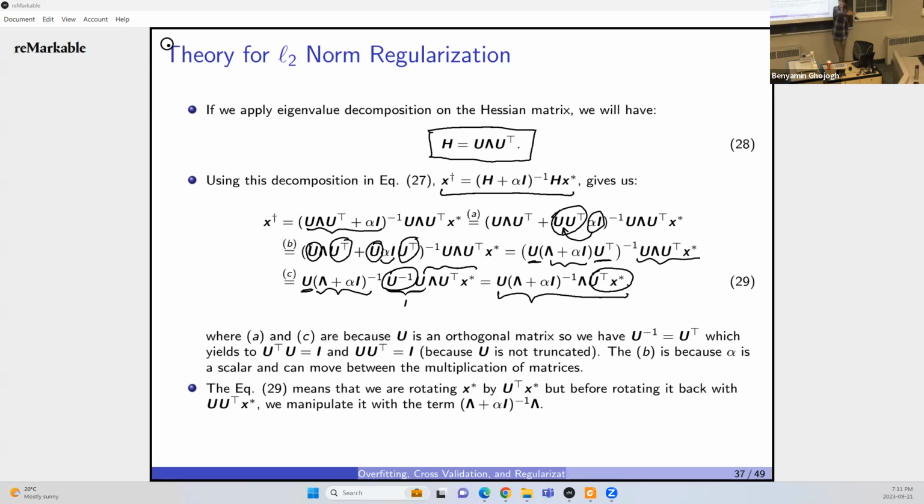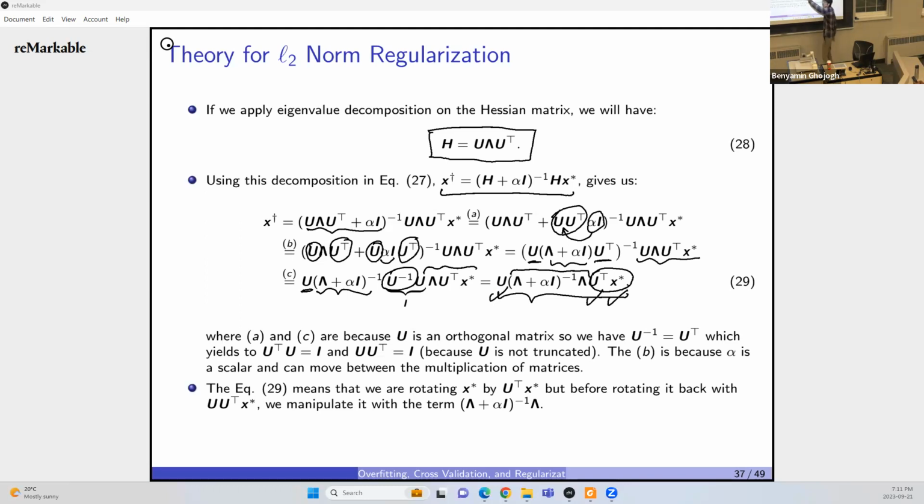We are just rotating in the same space. Do you agree? So U transpose X star means that I'm rotating it. And let's ignore this term in the middle. If it was U U transpose X star, what would it mean? It means rotate it in the space and rotate it back.